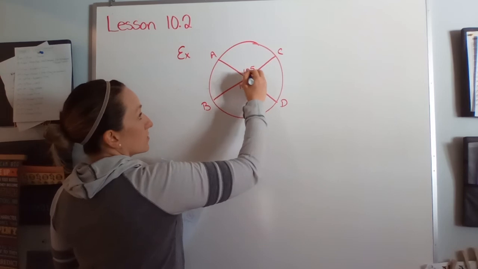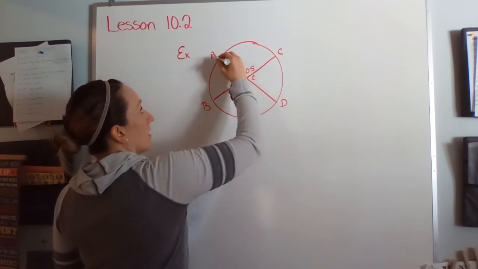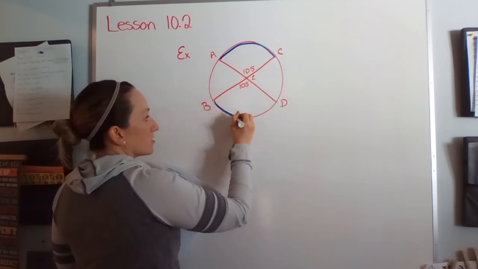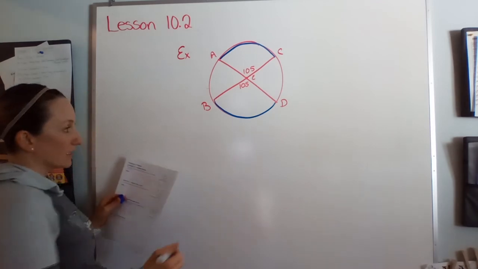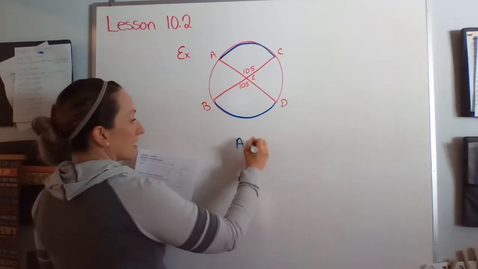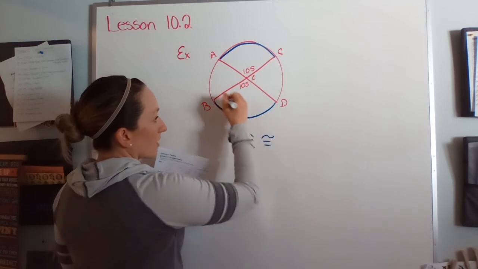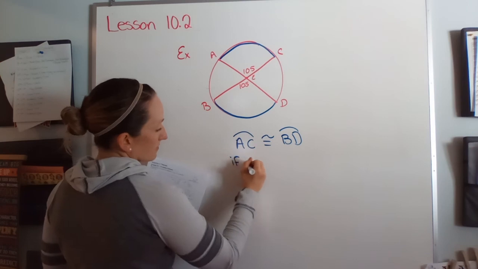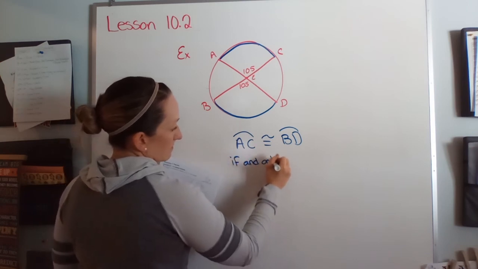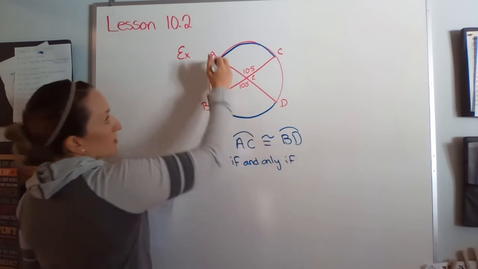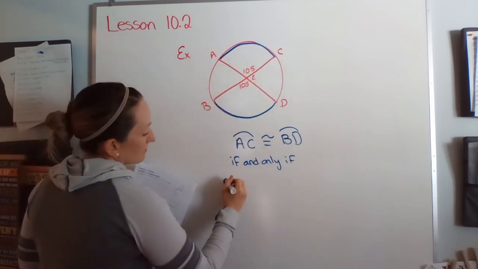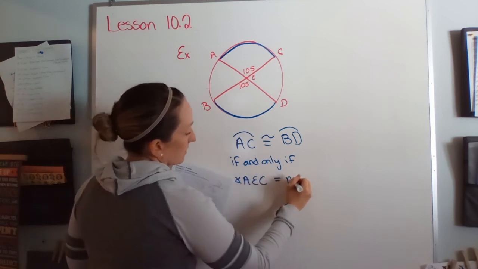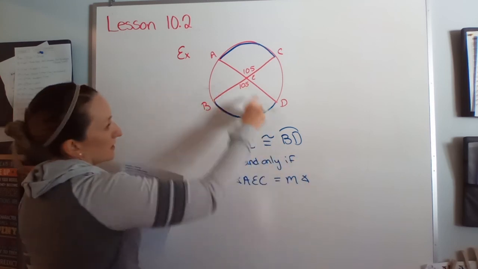So since this angle is 105 and this angle is 105, I know that this arc right here is going to be congruent to this arc right there. Okay, so arc AC is congruent to arc DB, or BD, if and only if the measure of angle AEC is equal to the measure of angle BED.